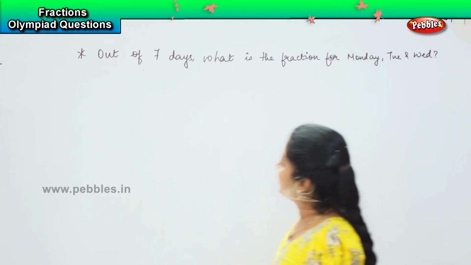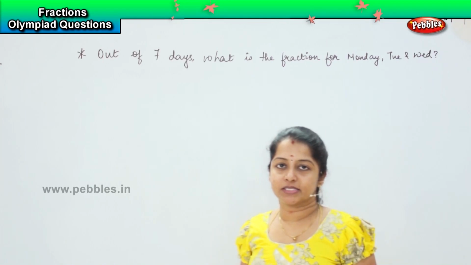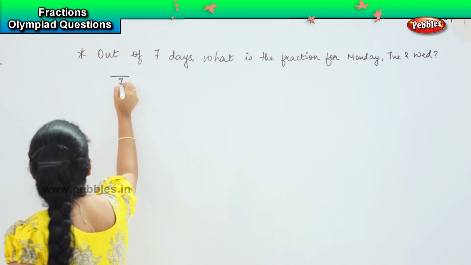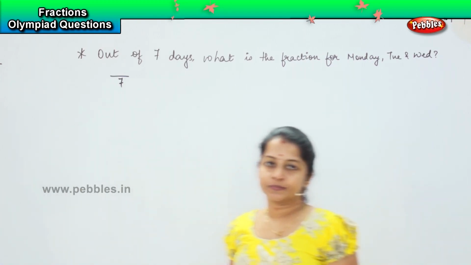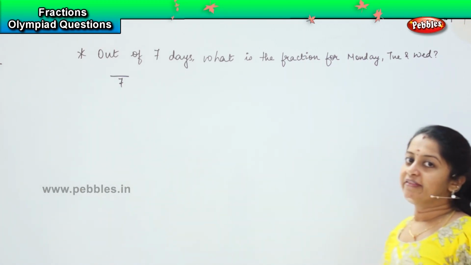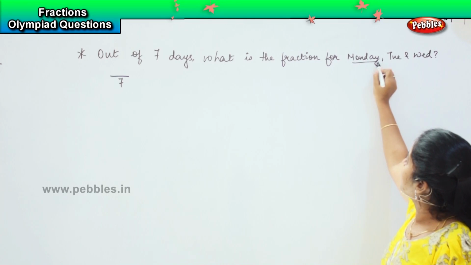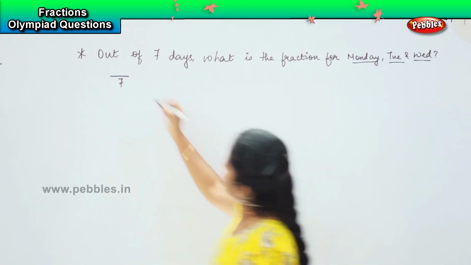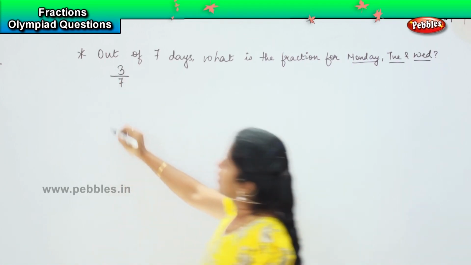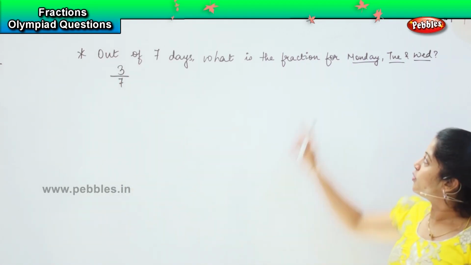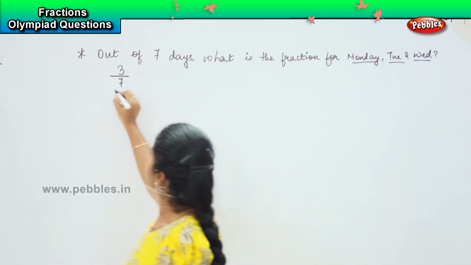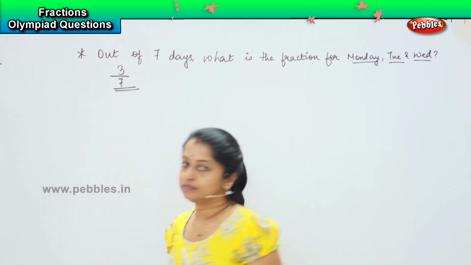Okay. So how many days are there? There are 7 days, right? So which means my denominator will be 7. Okay. And they have asked me how many days to count? Monday, Tuesday and Wednesday. So which means that 3. So what is the share, fractional share for Monday, Tuesday and Wednesday? It will be 3 by 7. Clear?